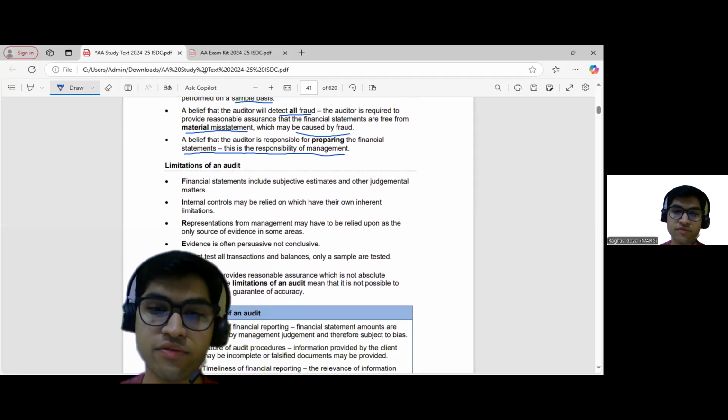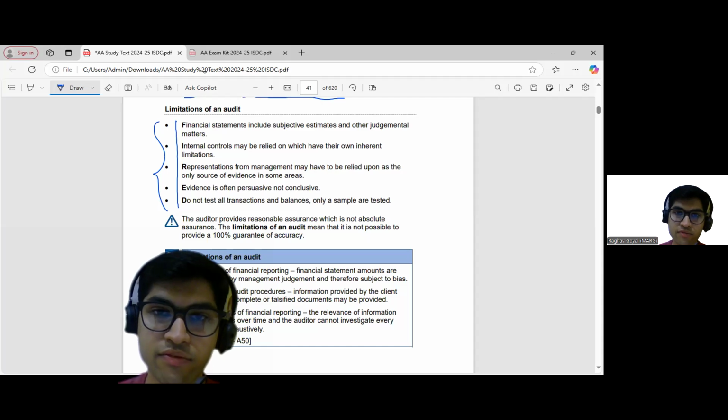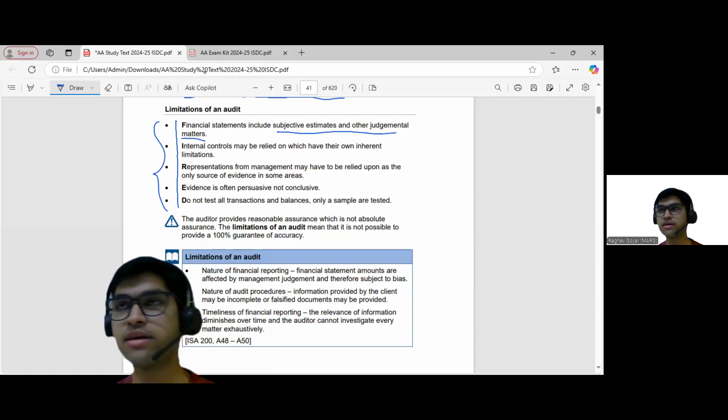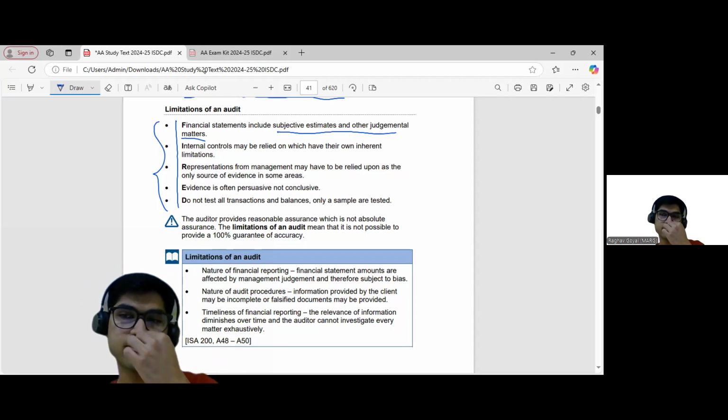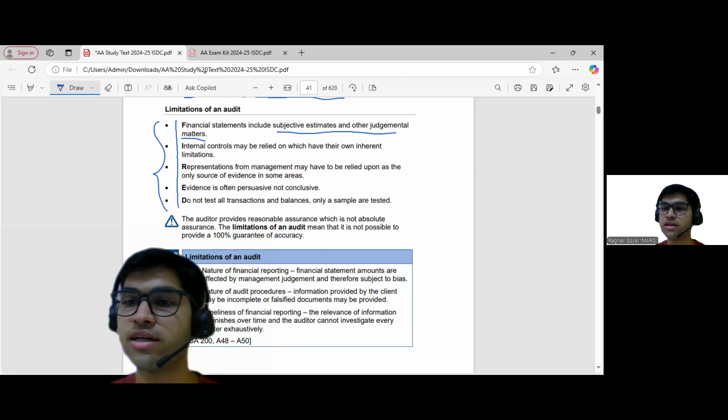Then we have a few limitations of the audit. You can remember them by the acronym FIRED. We have financial statements include subjective estimates and other judgmental matters. So, for example, there are a lot of flexibilities and options which can be used to present a certain balance.